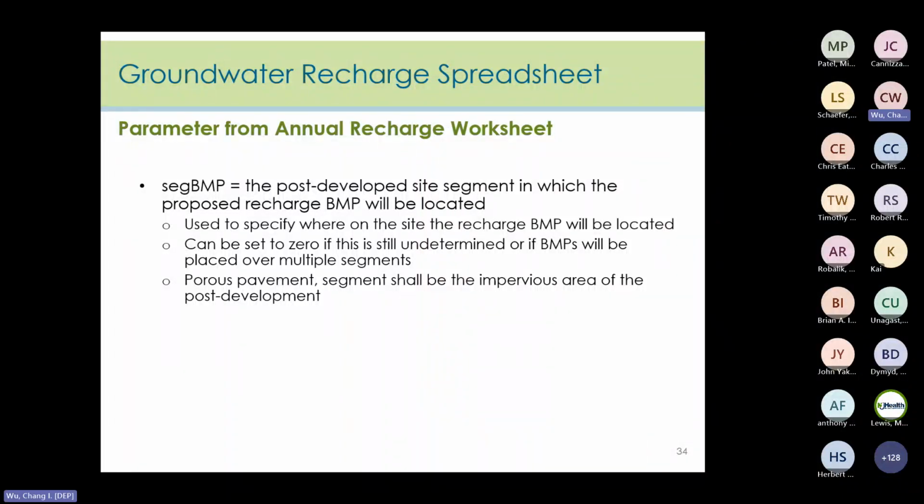If you don't know, for example in an early planning stage, you can set it to 0. Then it will be the average of the multiple segments in the post-development. For porous pavement, the segment should be the impervious area of the post-development.